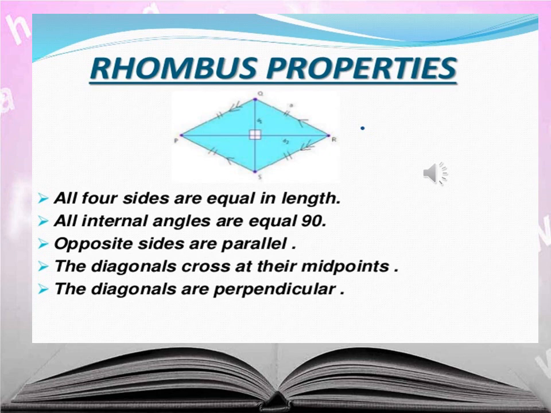So the diagonals cross each other at their midpoints, or in other words, they divide each other into halves, and the diagonals are perpendicular to each other. Please don't forget that. The diagonals are perpendicular to each other.